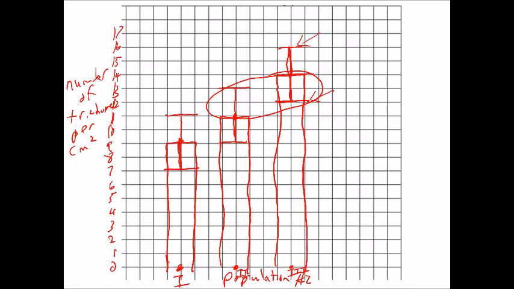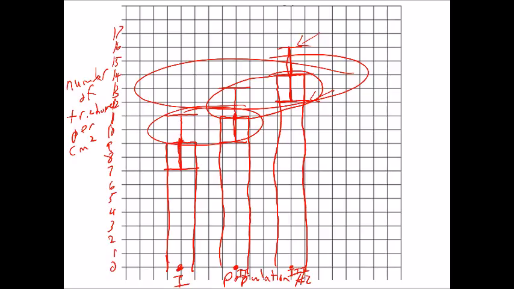Also notice that 1 and 2, the error bars overlap. They're not statistically different. But there is no overlap between 1 and 3. So those 2 are most likely to be different. Essentially you would say 1 and 3 are most likely to be different because their error bars do not overlap. And that's all it takes to answer that question.